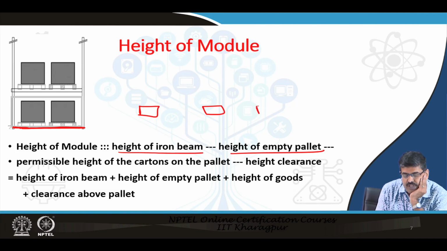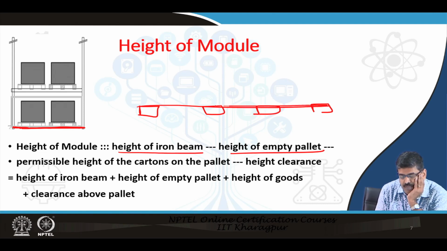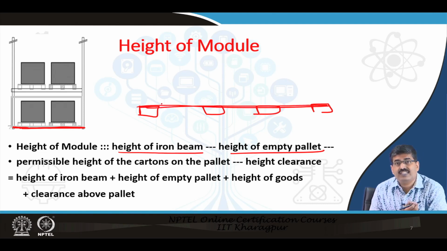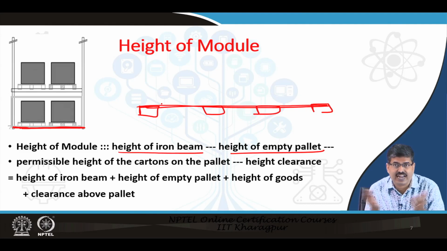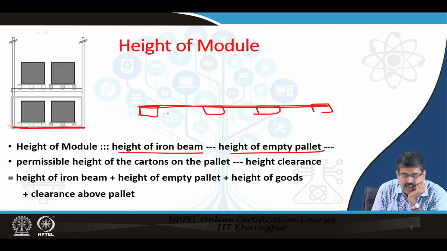Remember, you have a refrigerator at home. A refrigerator has a stand, right, has legs. That is an example of a pallet, so that it is away from the floor, right. So, what is the height of this?